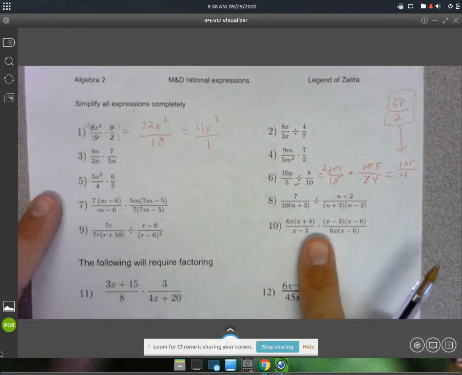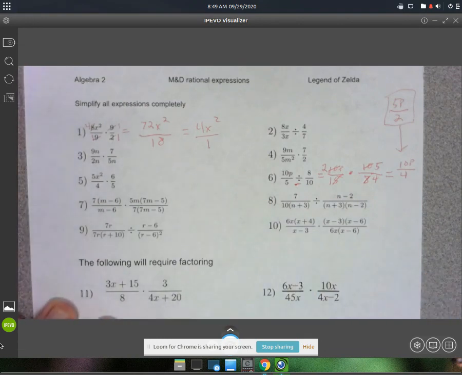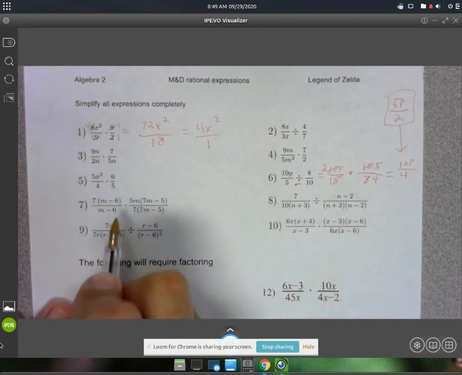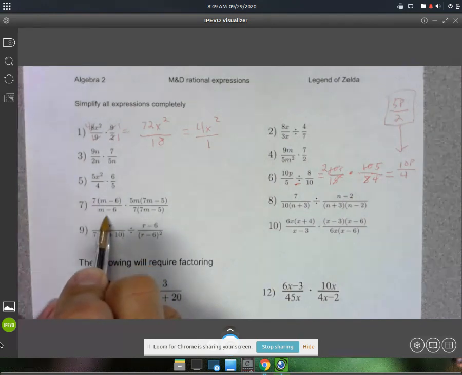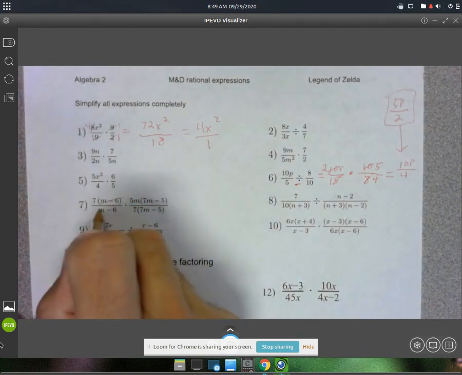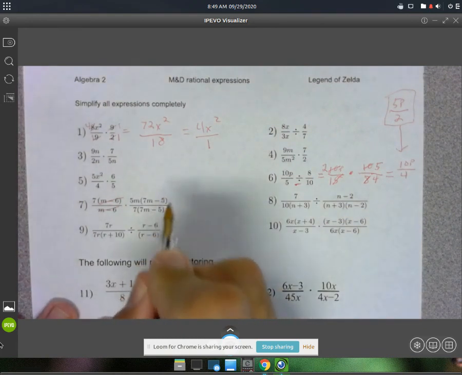So on 7 through 10, you can do the same sort of thing, but there's a rule: you can only cancel factors with factors. All right, so like this, this m minus 6 can cancel with that m minus 6. All right, the 7m minus 5 can cancel with that 7m minus 5.